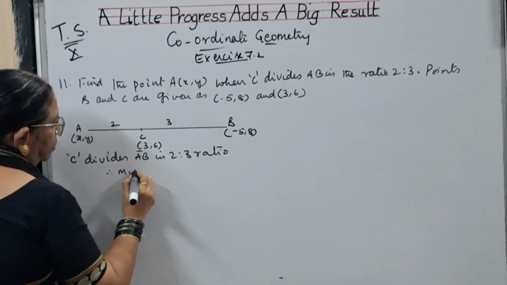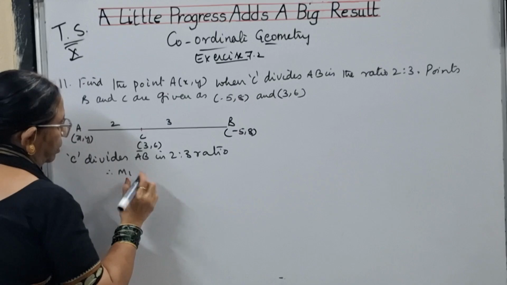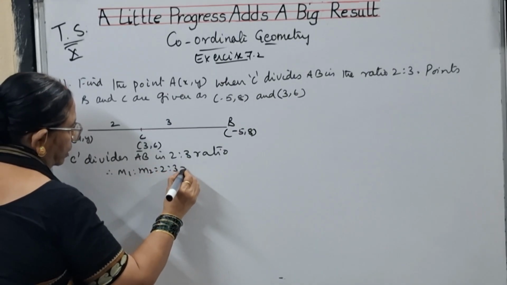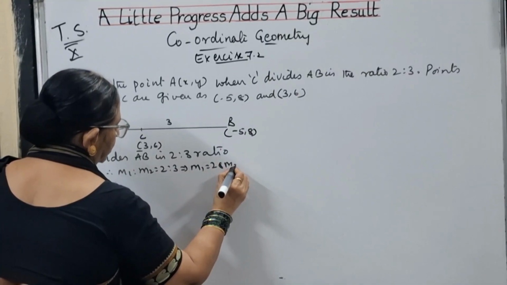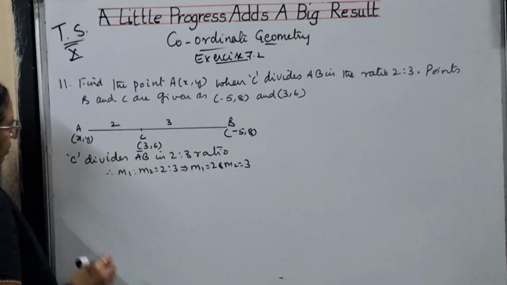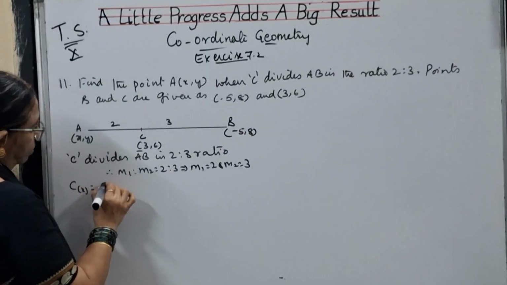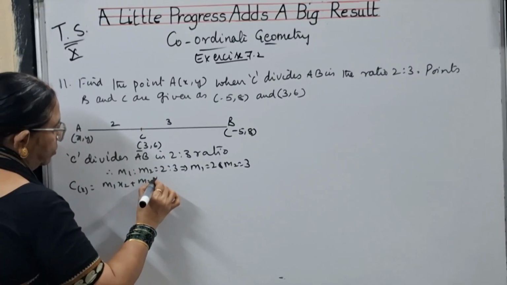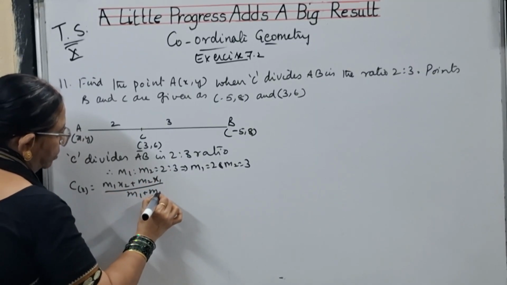Therefore, M1 is to M2 is equal to 2:3. This implies M1 is 2 and M2 is 3. So C of X is equal to (M1 X2 plus M2 X1) by (M1 plus M2).